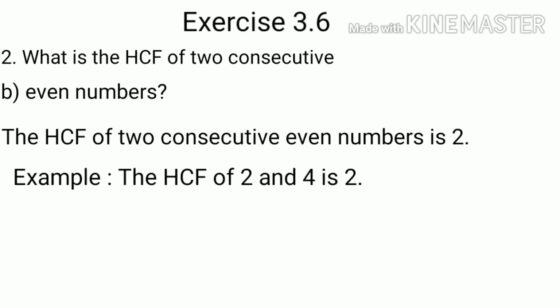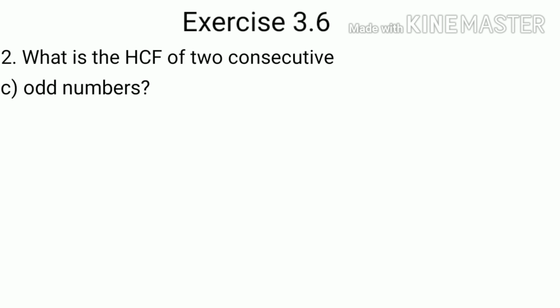Now let's solve part C of question number 2. Part C is odd numbers. So the question is, what is the HCF of two consecutive odd numbers? Consecutive odd numbers means two continuous odd numbers. For example, 3 and 5, 7 and 9, 9 and 11.